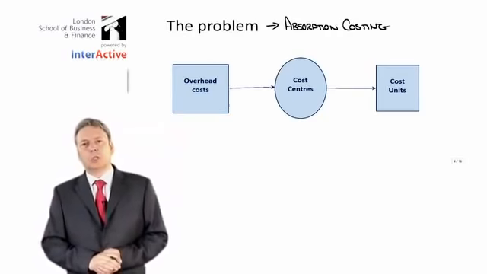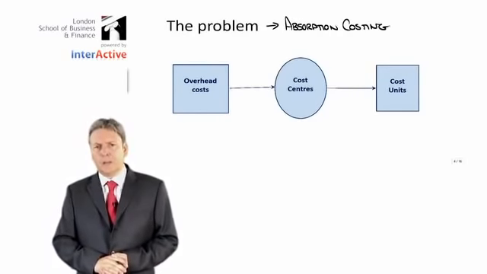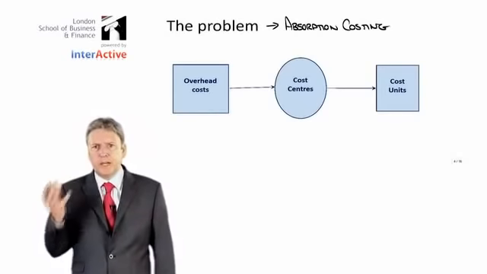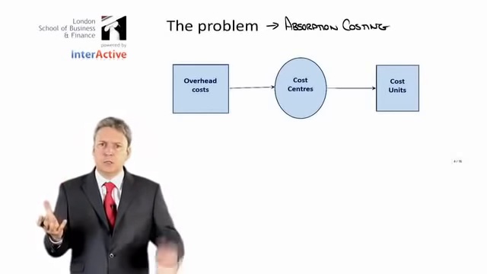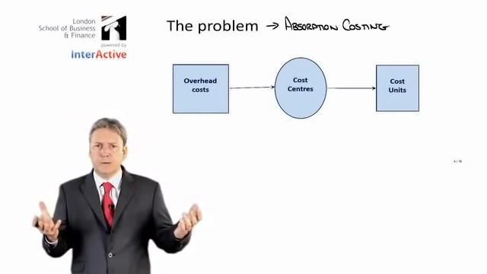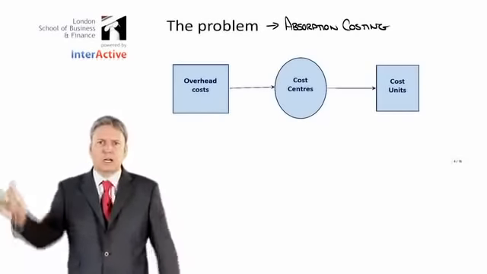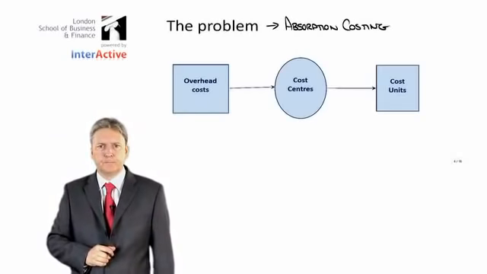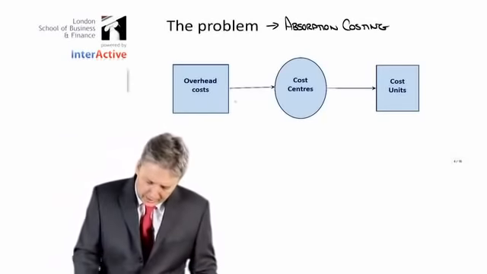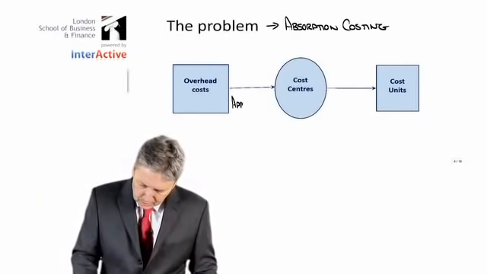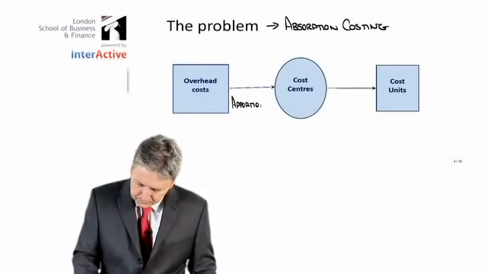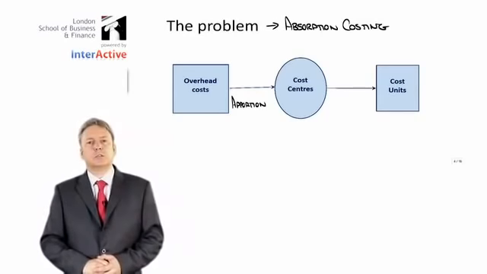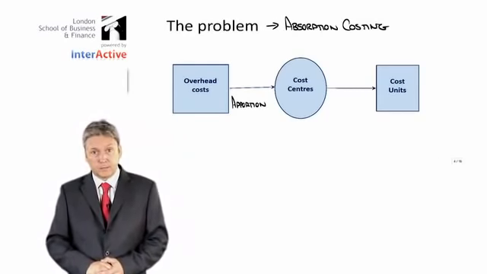Now, when we look at absorption costing, remember, it's all about the overheads. The overheads are the fun bit, because overheads by their nature are not directly linked to the product. So we need to find some halfway house that allows us to link the costs to the product. Typically, the way we do that is we apportion to get the costs to the cost centres.